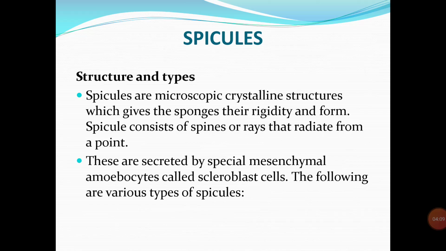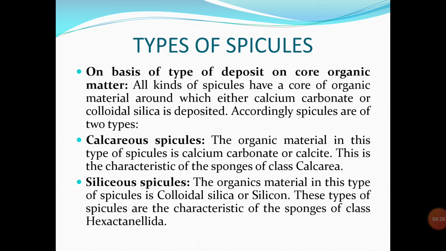Spicules consist of spines or rays that radiate from a point. These are secreted by special mesenchymal amoebocytes called scleroblast cells. The following are various types of spicules.